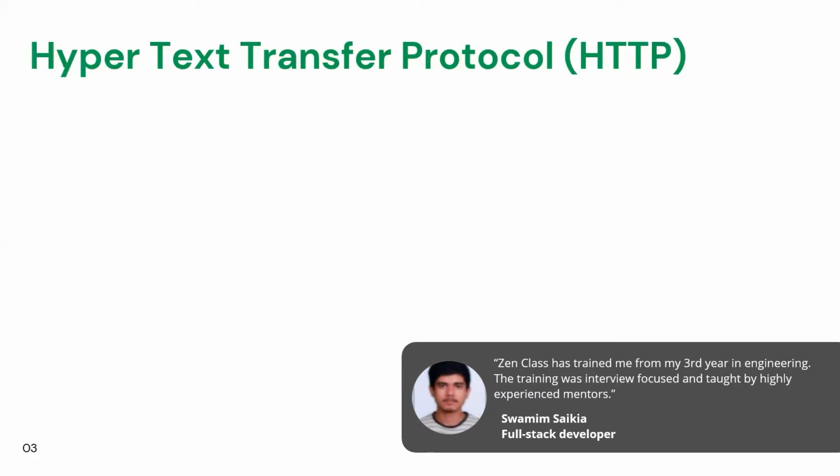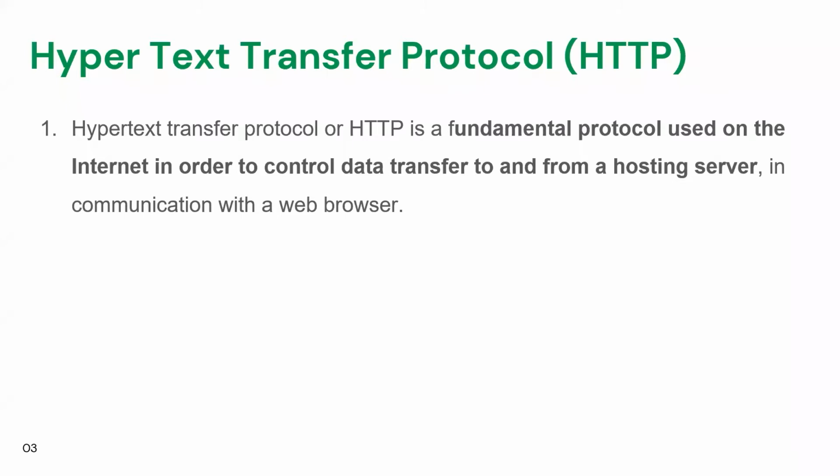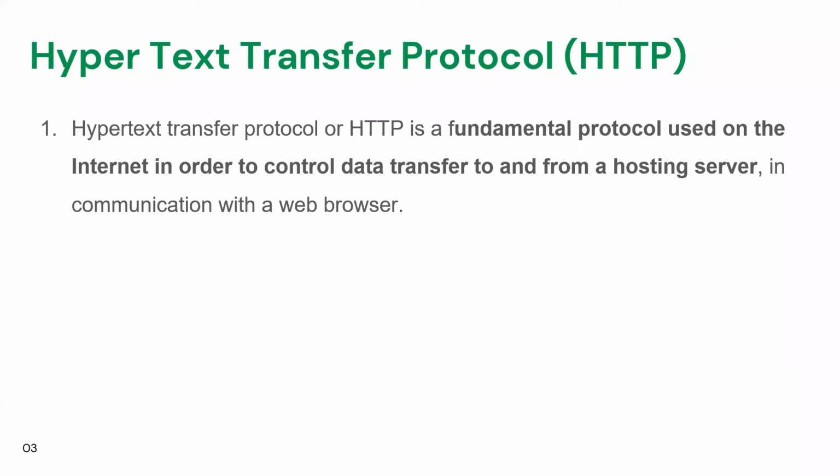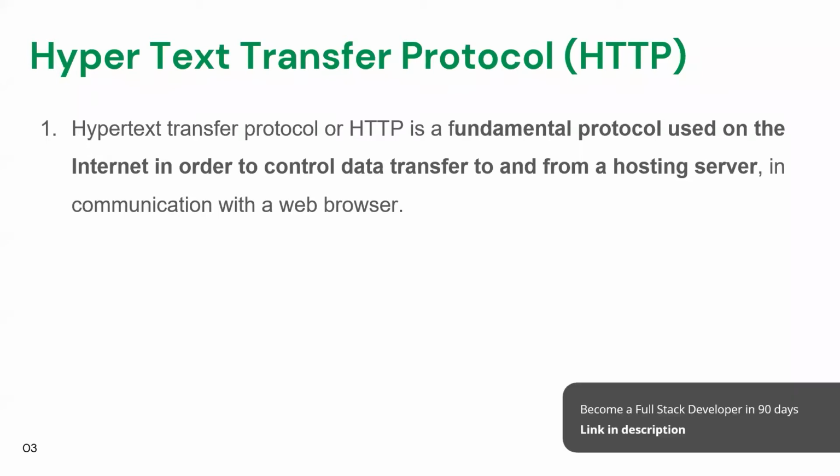Hypertext transfer protocol, or HTTP, is the fundamental protocol used on the internet to control data transfer from one server to another, or to and from a hosting server, in communication with a web browser. Whenever a web browser communicates with a server, it requests some data, and the server sends the data to the browser. This entire communication is maintained by the fundamental HTTP protocol.